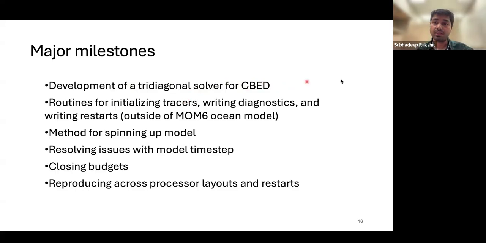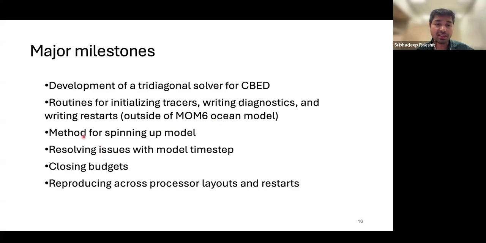And then we also had the routines for initializing tracers, wrote diagnostics for the seabed model, and came up with a way to restart the GFDL ESM outside of the MOM6 ocean model, because MOM6 doesn't have any information, so we really need restart capabilities.